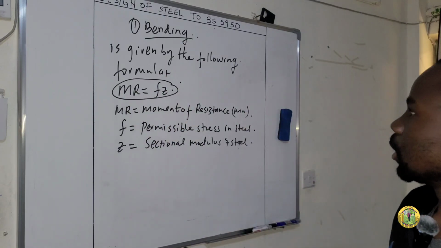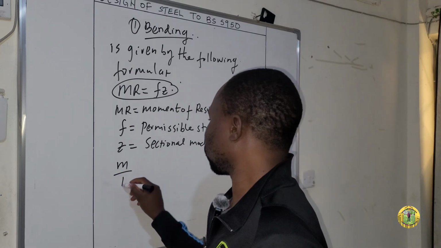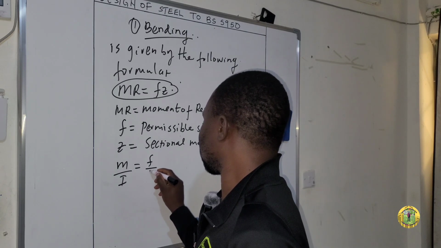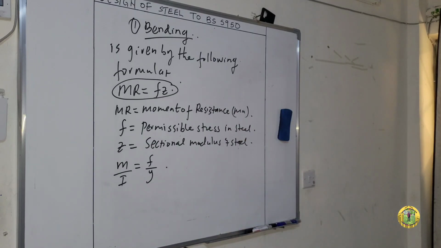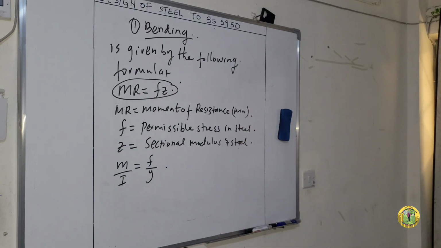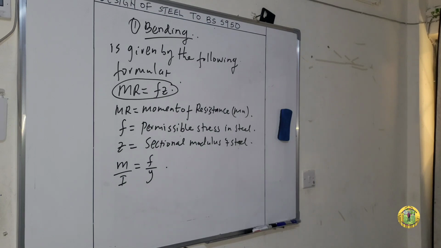So we know that the bending moment theory formula is given by M over I is equal to F over Y, whereby M is the bending moment, I is the second moment of inertia, F is the extreme fiber stress in the section, and Y is the distance from the center of the section to the extreme fiber.